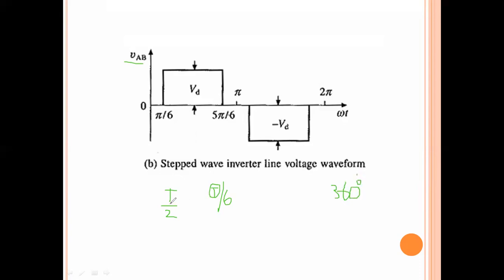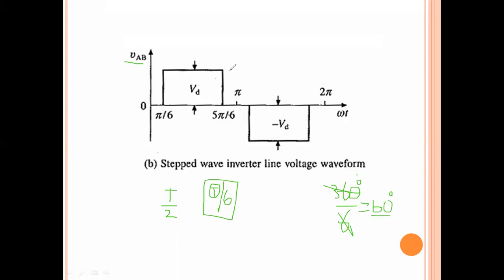So 360 by 6 is the time gap between the turning on of two different switches. That means T by 6, so 360 by 6 gives 60 degrees. So between two turn-ons of thyristors, we must have a 60 degree time difference.